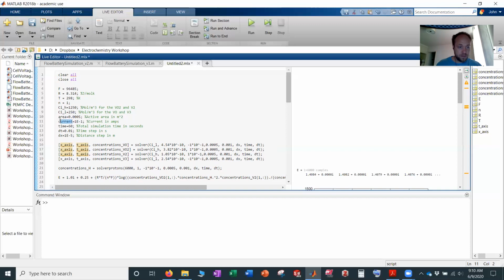So that'll be, but you make sure you keep the signs, right? Because the signs are important on this. Current, and then copy, paste.